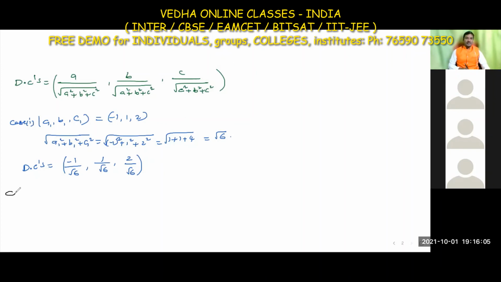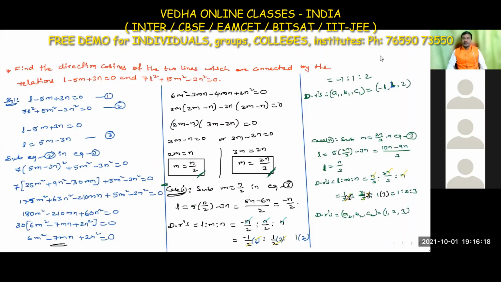Sir, do we have to write the DC after we find the whole thing, or after doing case 1 we have to write the DC of that, and then for case 2? Here we can do it both ways.